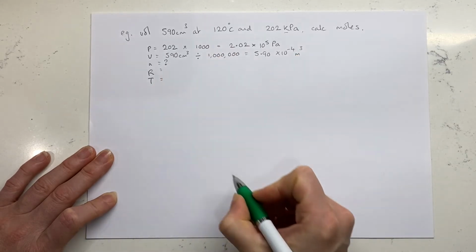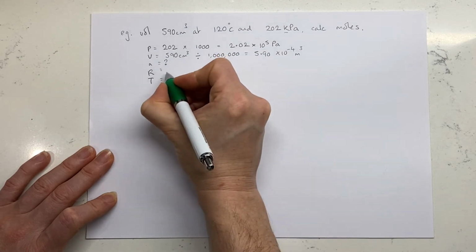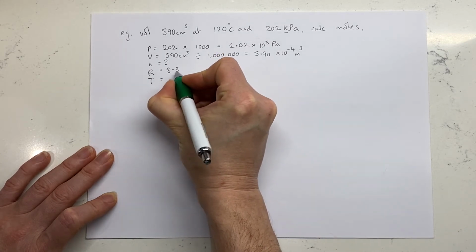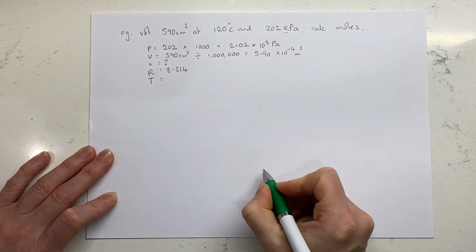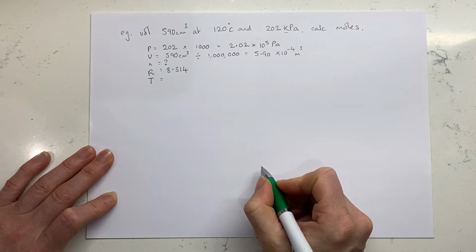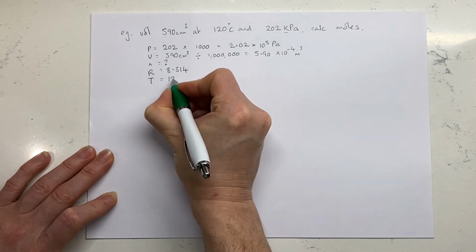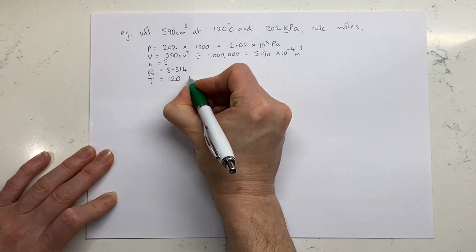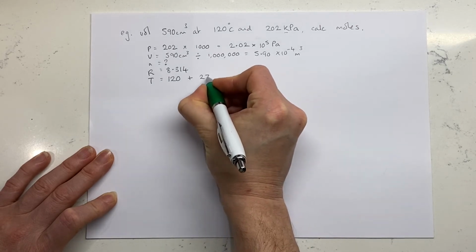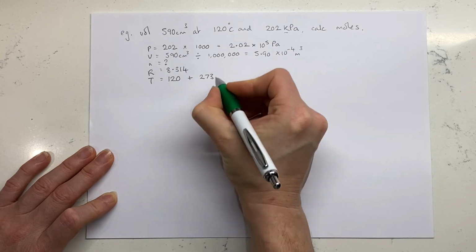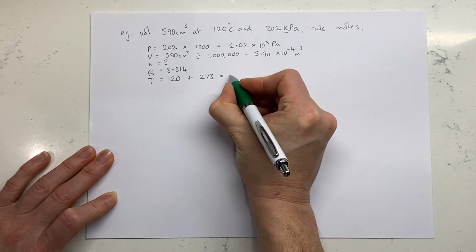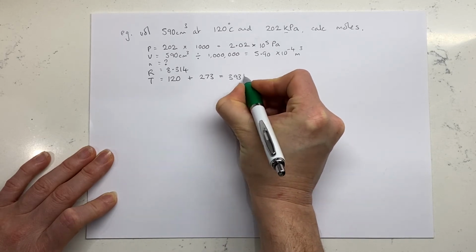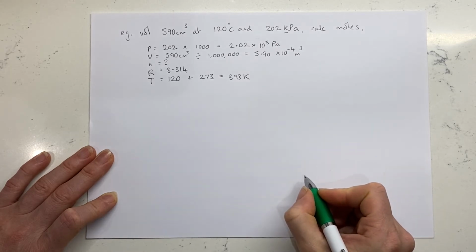N is my number of moles, and that's what I'm trying to find. R, remember, you can find on the data sheet, you can look up, it's a constant. And then T, at the moment I've got it in degrees C and I need it in Kelvin. So I add 273 to that and I get 393 Kelvin.